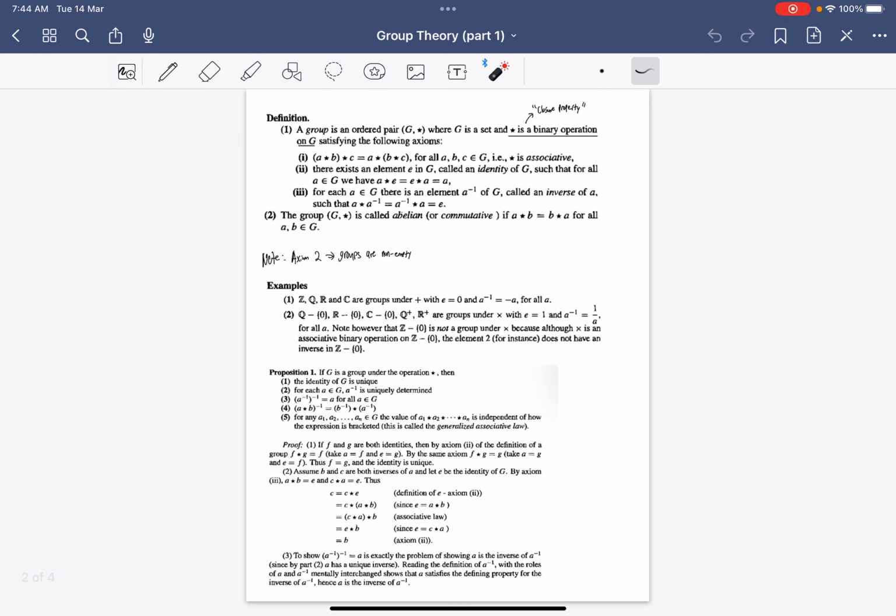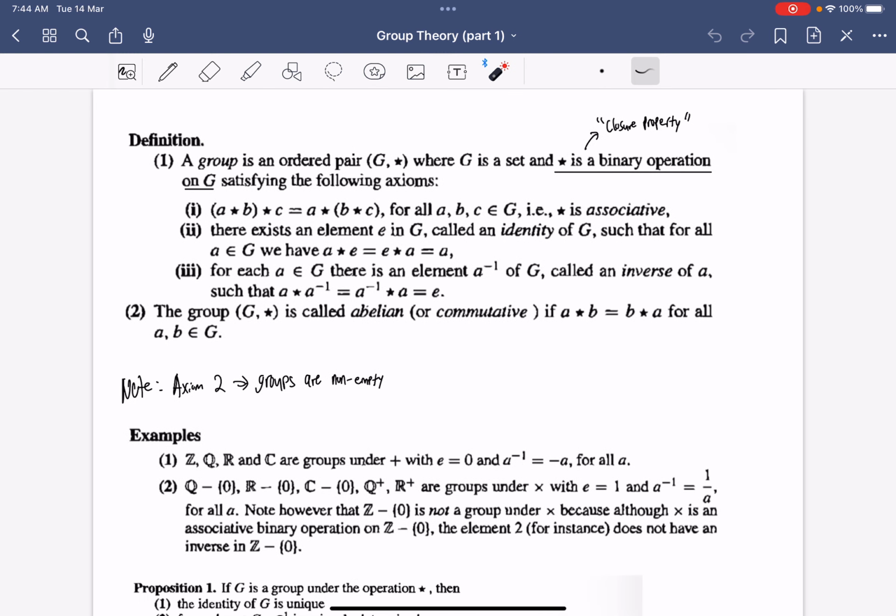And so with the idea of binary operations, now we define a group. So a group is a set with a binary operation having certain properties. So the binary operation is associative, and there exists an element known as the identity, so that every element in your group multiplied by this identity equals itself.